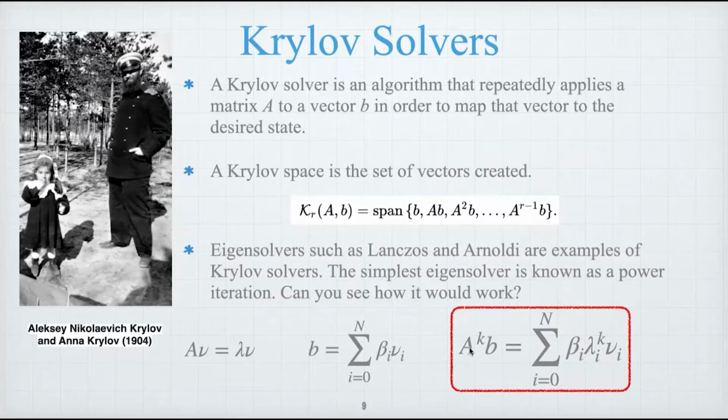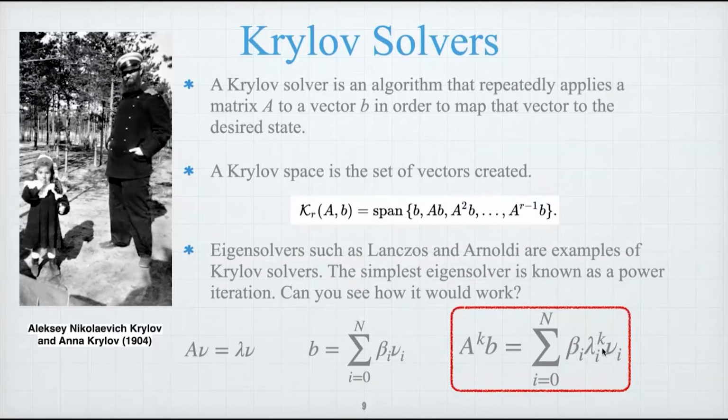So now what happens when you just hammer B with the matrix A? So A to the power K, so I might be doing this 100 times. This is what you're going to end up with. Beta i, that doesn't change. And then lambda to the K will come in, multiplied by the eigenvector i. So I'm just going to offer this up now very quickly. Is anybody brave enough to know what this particular right-hand side is going to look like after, say, 1,000 matrix iterations?